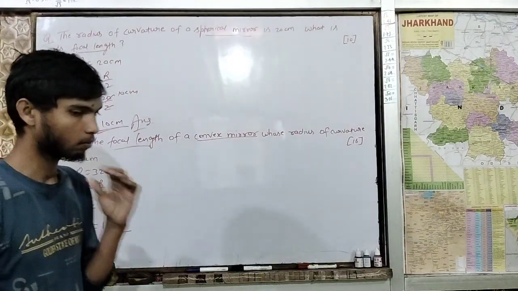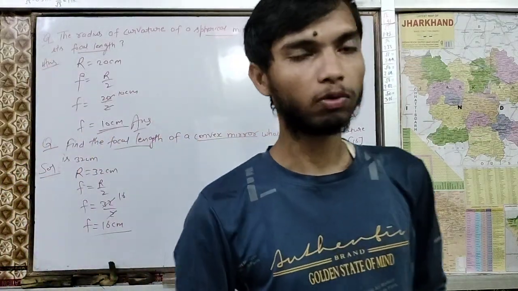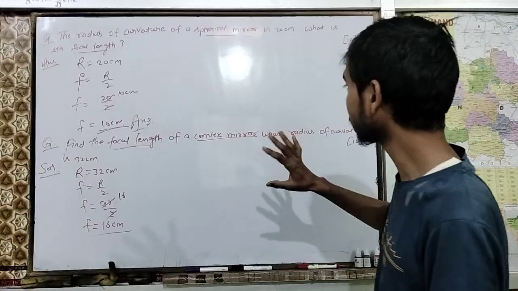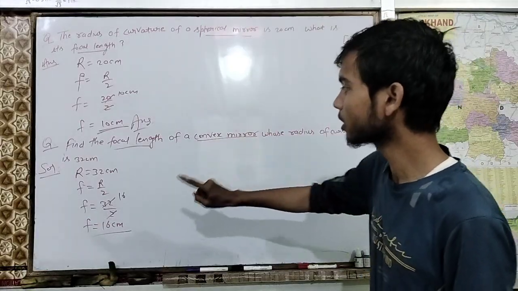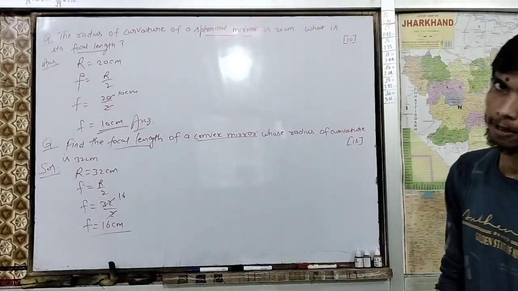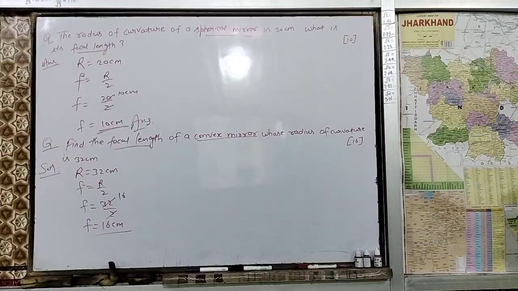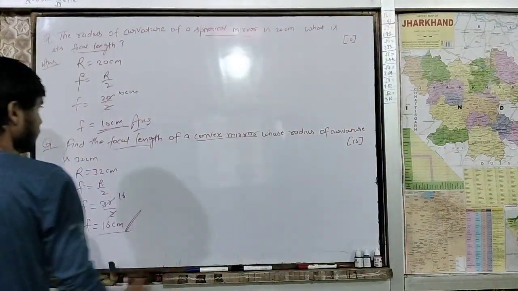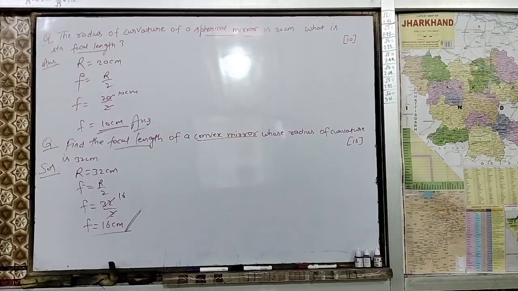What are you understanding? The focal length of a convex mirror of radius 32 centimeter is how much? It is 16 centimeter. Clear? Yeah, this is our answer.